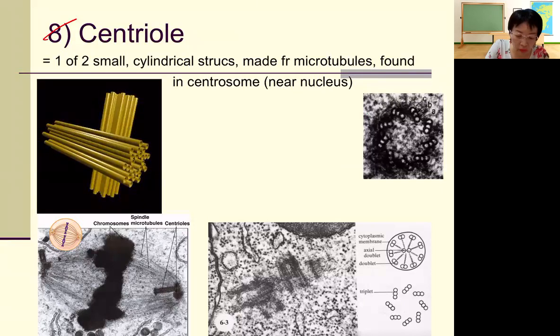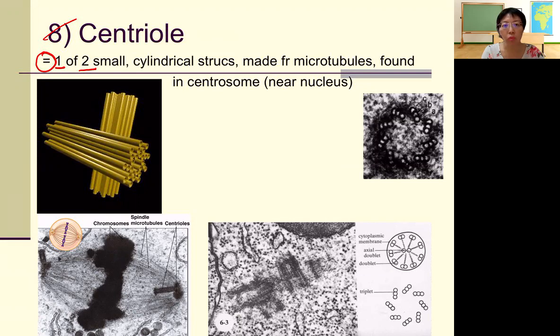Now, when you see the word equals to, it means the definition of. Centriole's definition is: it is one of two, because centriole always occurs in pair. So when you see the word centriole, it means one.